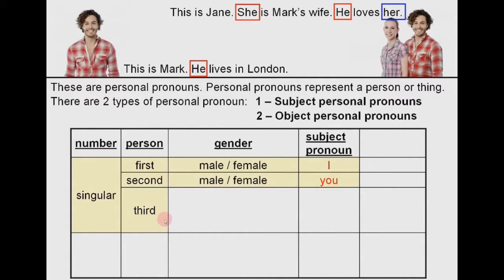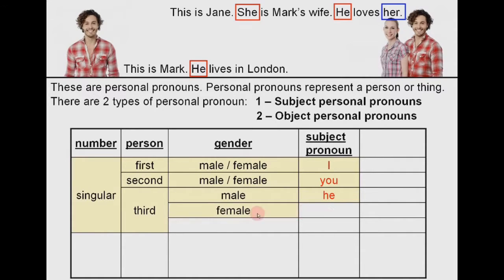And the third person singular, for male, we say he. Female, we say she. And neuter, which is neither male or female, we say it. Okay, so that is singular.